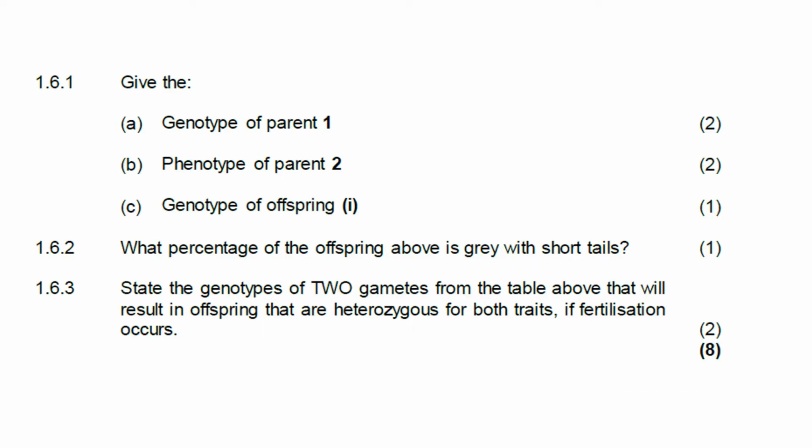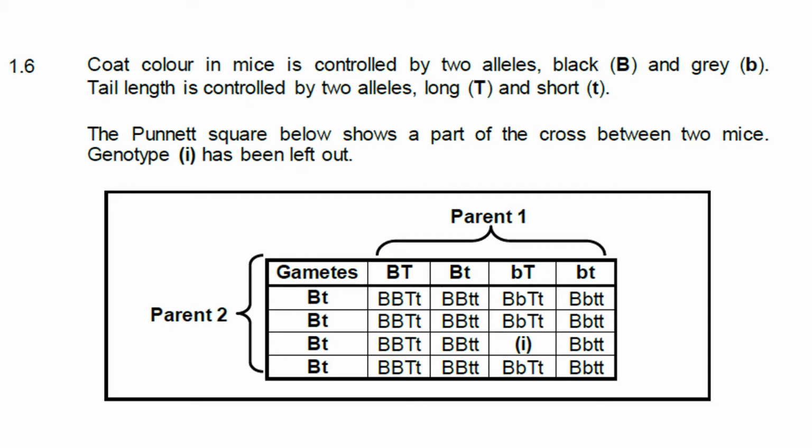If we have a look at the questions, in 1.6.1a, they want to know the genotype of parent 1. So they want to know the genotype of this parent over here. Right, so let's have a look. Remember, we need 4 letters next to each other. So let's have a look at the B's first. There's a capital B over there, and there's a small b over there, which means for the first set of alleles, the parent will definitely have 1 capital B and 1 small b.